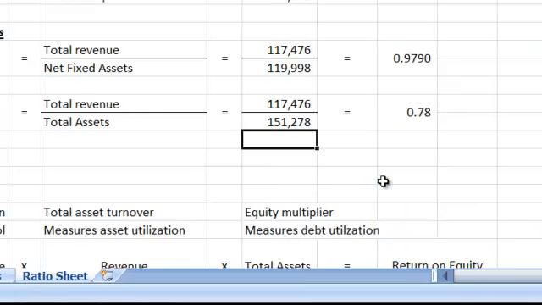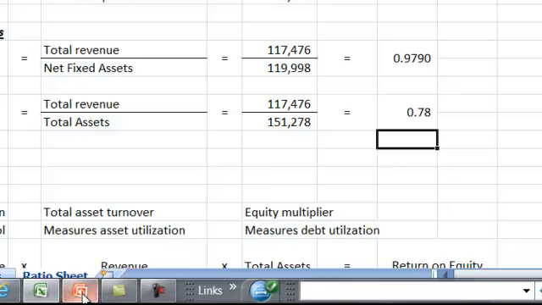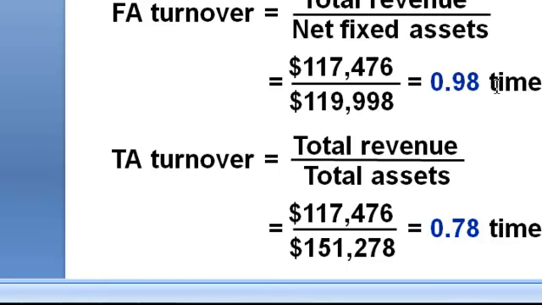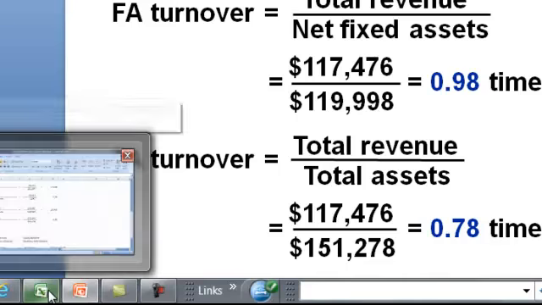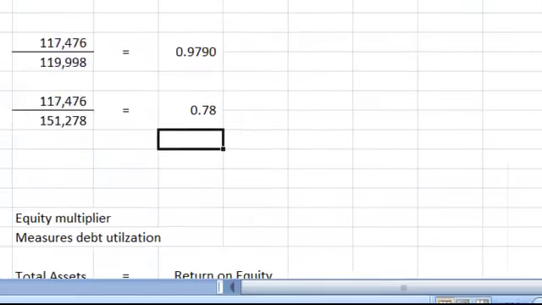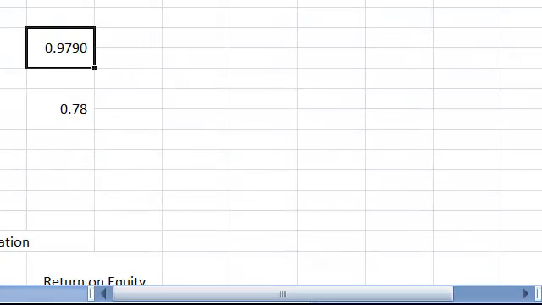And there it is. And there we go. So 0.97 and 0.78, 0.9897 and 0.78. This is actually going to round up to 0.9.